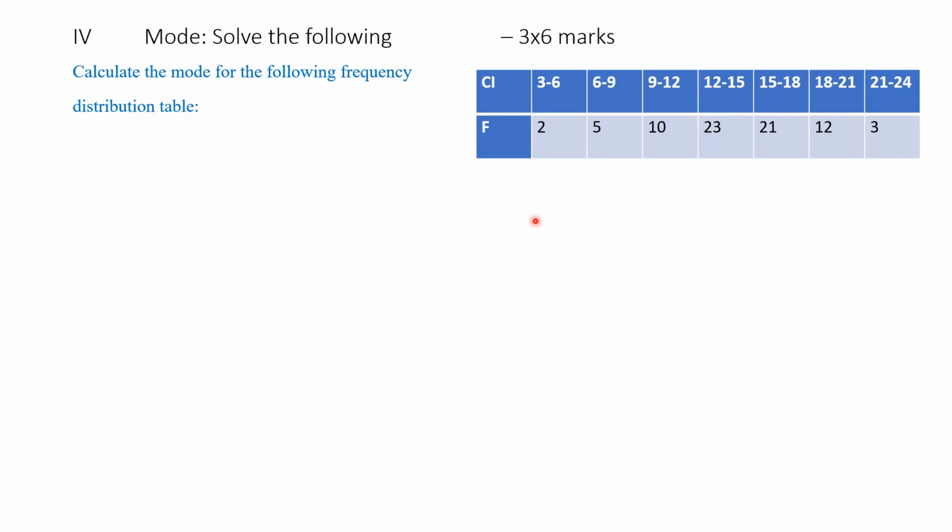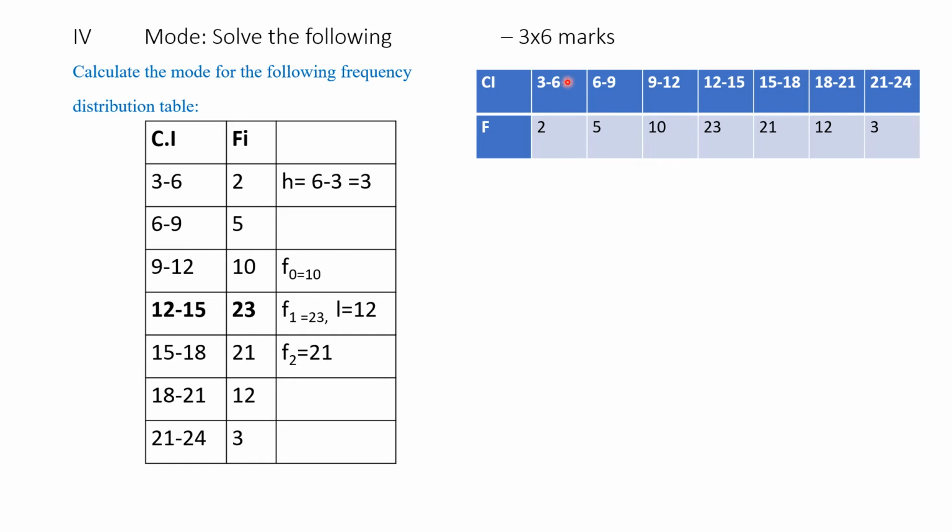The table is given: class interval 3-6 has frequency 2, 6-9 is 5, 9 to 12 is 10, 12 to 15 is 23, 15 to 18 is 21, 18 to 21 is 12 and 21 to 24 is 3. This is the class interval and the frequency distribution. We have to calculate the mode.